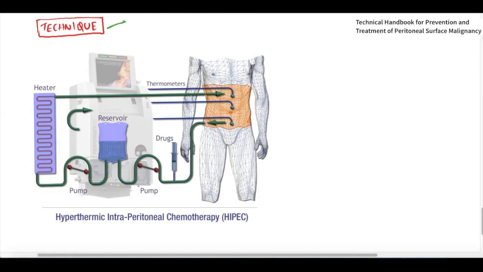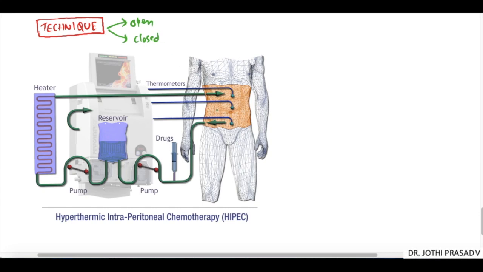Coming to the technique of HIPEC, it is practiced as open and closed technique. In the open technique, the abdominal wall is elevated by using a Sugarbaker retractor so as to create a funnel to accommodate the chemotherapeutic drug. As you can see here, this is a patient and there are two catheters inserted into the patient: an inflow catheter and an outflow catheter. The chemotherapeutic drug is injected into the catheter.